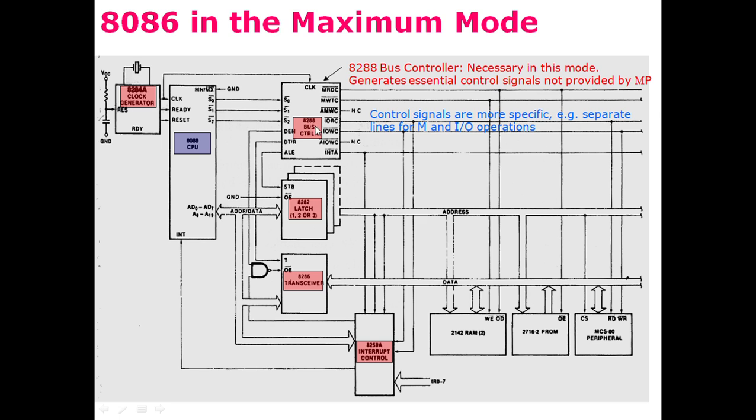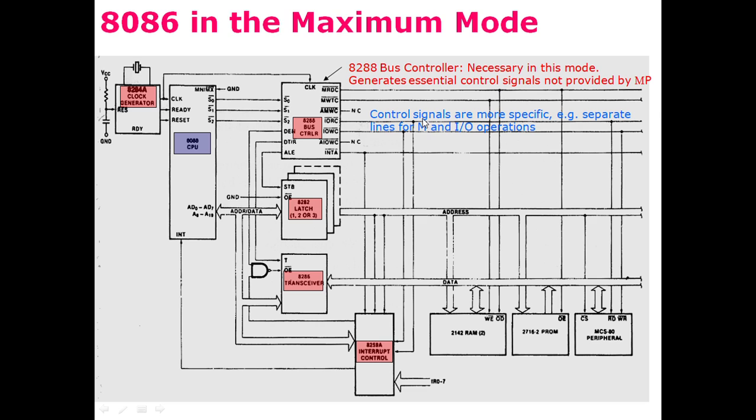It is connected with the three status pins of the microprocessor, and in response to the 8 possible values of these three status pins, this bus controller generates control signals, and those control signals are more specific. In case of the maximum mode, separate lines for memory and input and output operations are generated.